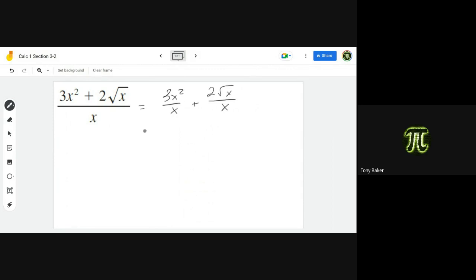Because it's just an x, I can then change this to 3x. And remember that your square root is really the same thing as saying x to the 1/2. So this would be 2x to the negative 1/2, because I do the 1/2 minus 1.